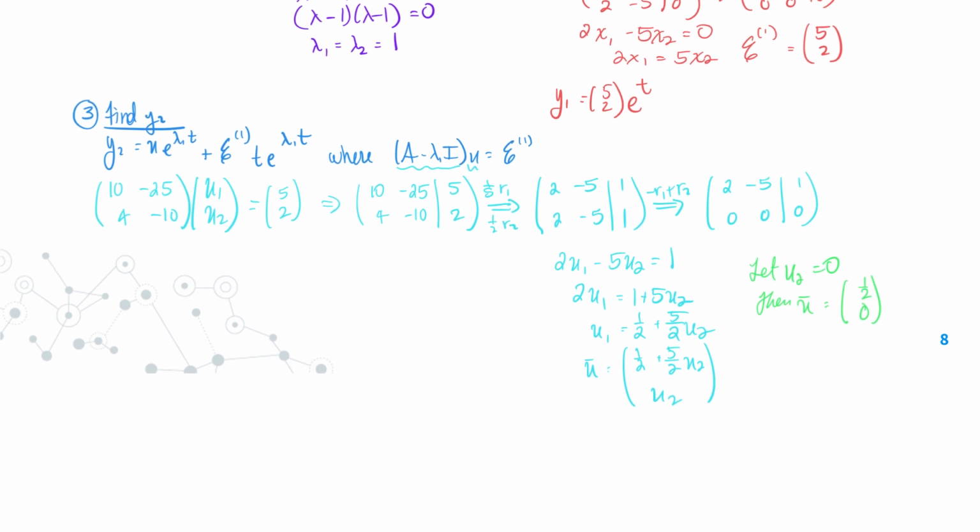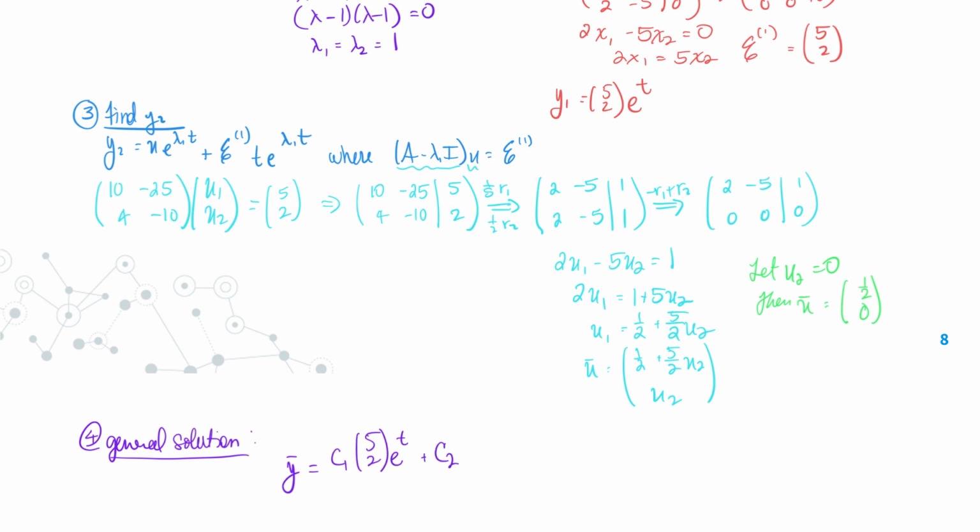So if we write it down here at the bottom, our general solution, so suppose this is step 4, our general solution is going to look like y is equal to c1 y1, which is 5, 2, the vector, times e to the t, plus c2 y2.